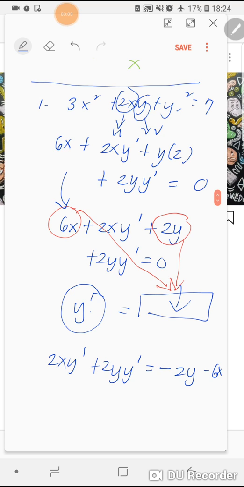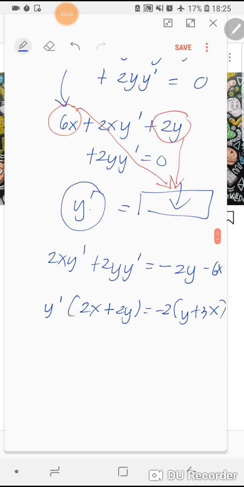Now factor out y prime: y prime times 2x plus 2y equal to negative 2 times y plus 3x. To check if we factored it correctly, negative 2 times y is negative 2y, and negative 2 times positive 3x is negative 6x.